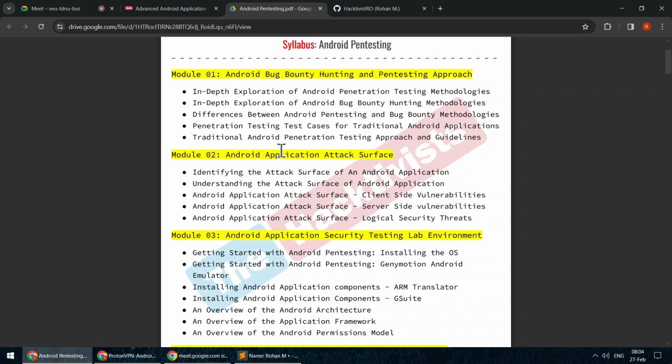Along with that, I will also be discussing reports with you, because as a pen tester as well as a bug hunter, reports play a very important role. So today we will also be having a look at reports. It may not have been officially mentioned in the curriculum, but we will discuss how report writing is done.